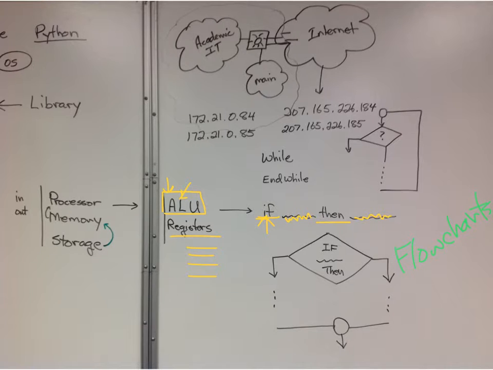In terms of flowcharts, we can have an if-then statement. We can enter the box, then the box is either going to go the yes direction or the no direction, and then it's going to come back together. So it's an if-then. If it's true, perform these operations. If it's false, perform these operations. Come back together, and then continue the flow.